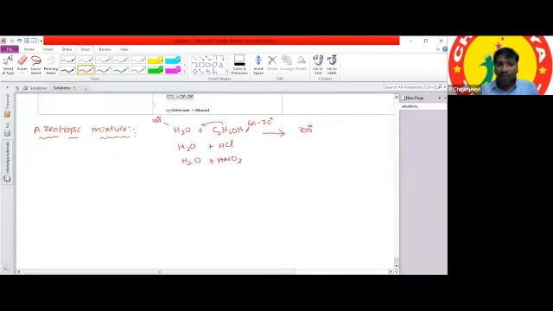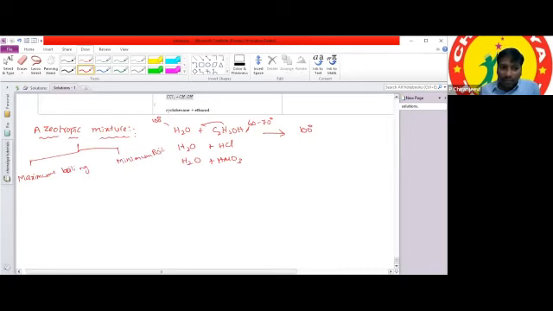Again, azeotropic mixture is classified into two types. Sir, what are the two types? Maximum boiling azeotropic mixture, and the second one is minimum boiling azeotropic mixture.